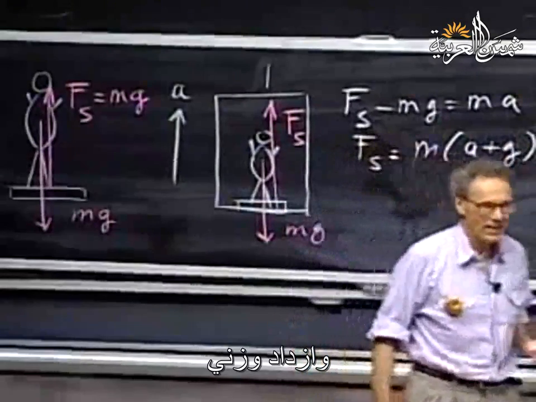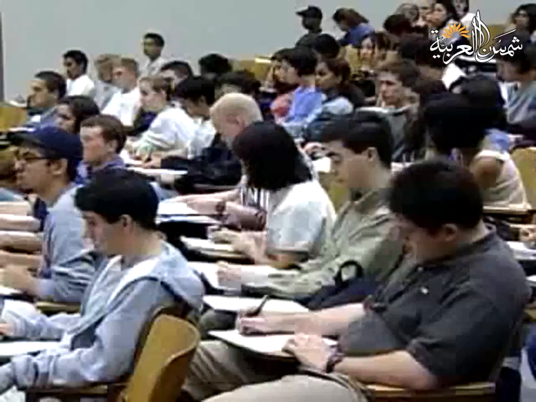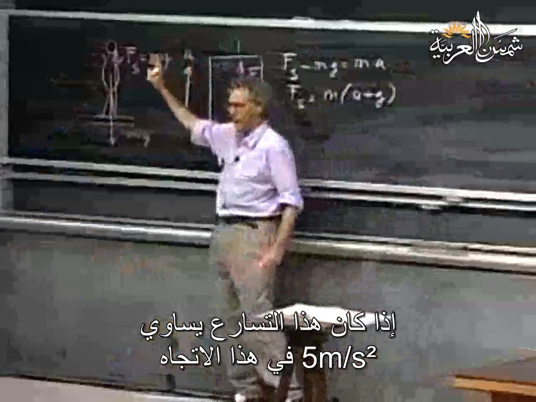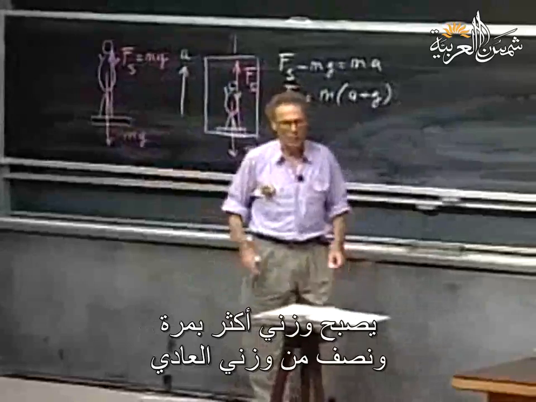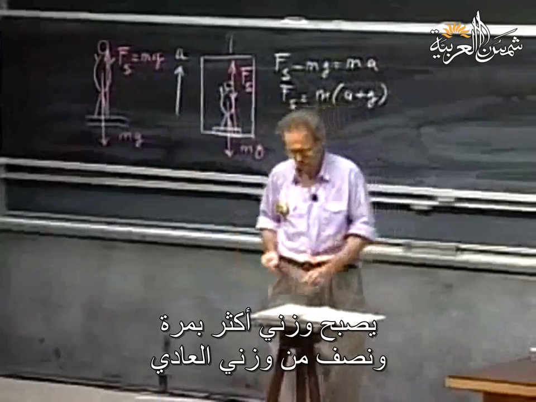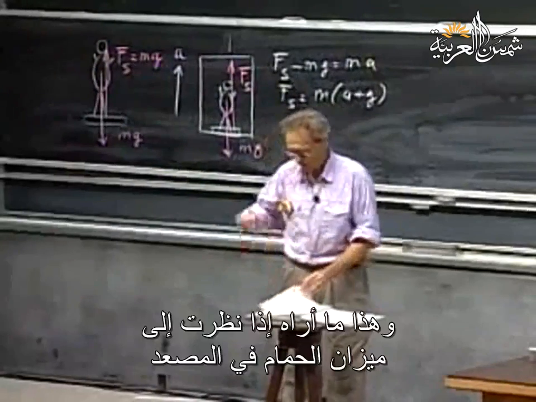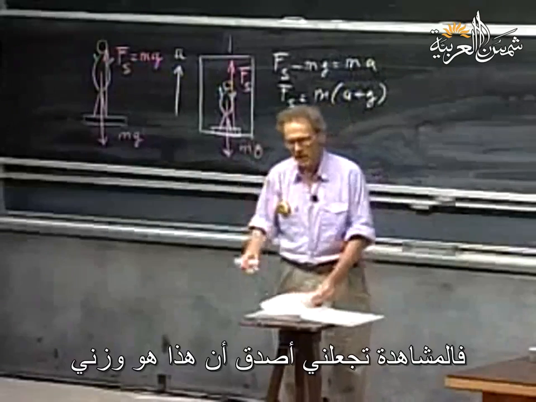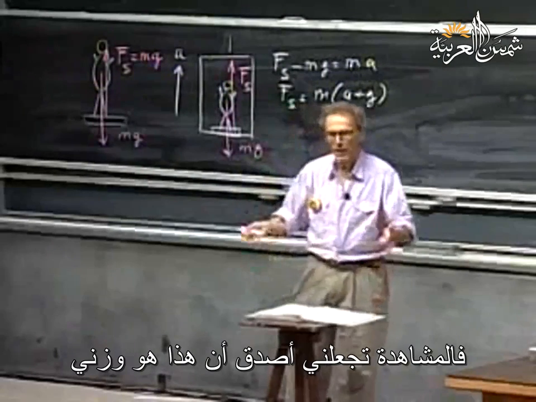And I have gained weight. If this acceleration is 5 meters per second squared in this direction, I am 1.5 times my normal weight. If I look on the bathroom scale, that's what I see. Seeing is believing. That is my weight.